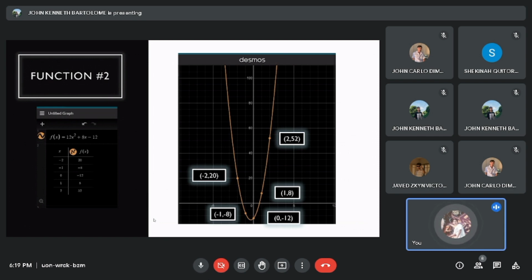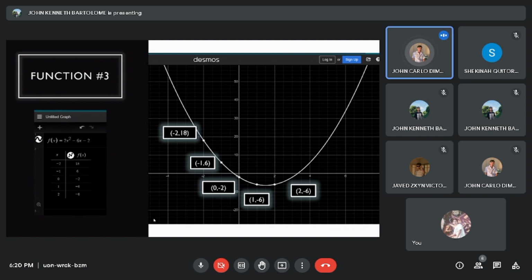The given x values are negative 2, negative 1, 0, 1, 2. So that we can get the function values: 20, negative 8, negative 12, 8, 52. And after that, we need to plot the answers to the graph and so on. Next, reporter.